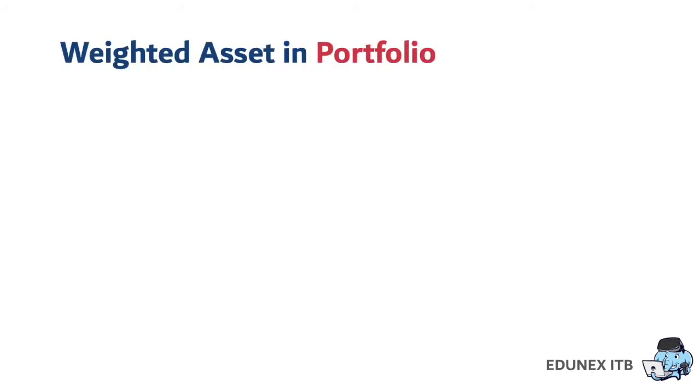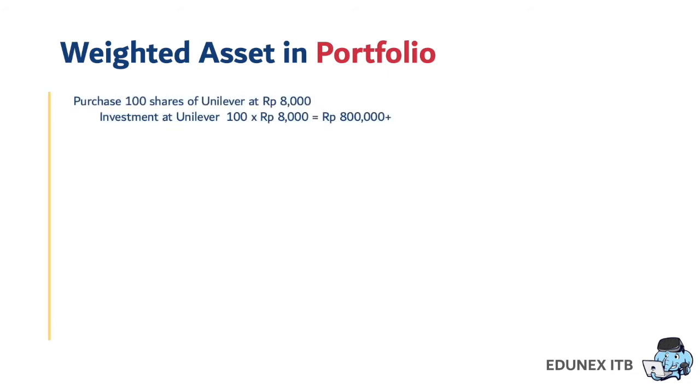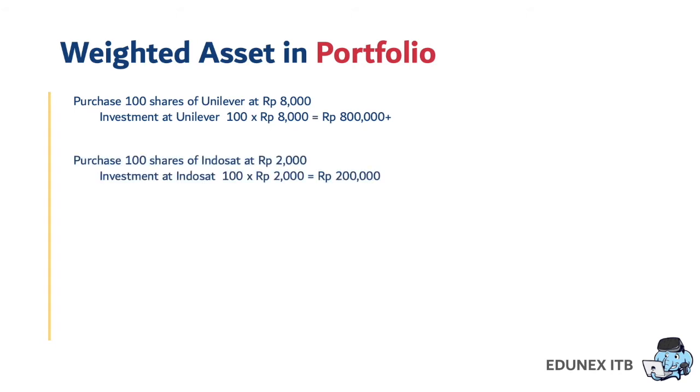In order to find the weight of an asset, we need to know each contribution to the whole portfolio. For an example, if you purchase 100 shares of Unilever at 8,000 rupiah, means that your investment in Unilever is 800,000 rupiah. And when you purchase 100 shares of Indosat at 2,000 rupiah, means that your investment in Indosat is 200,000 rupiah.